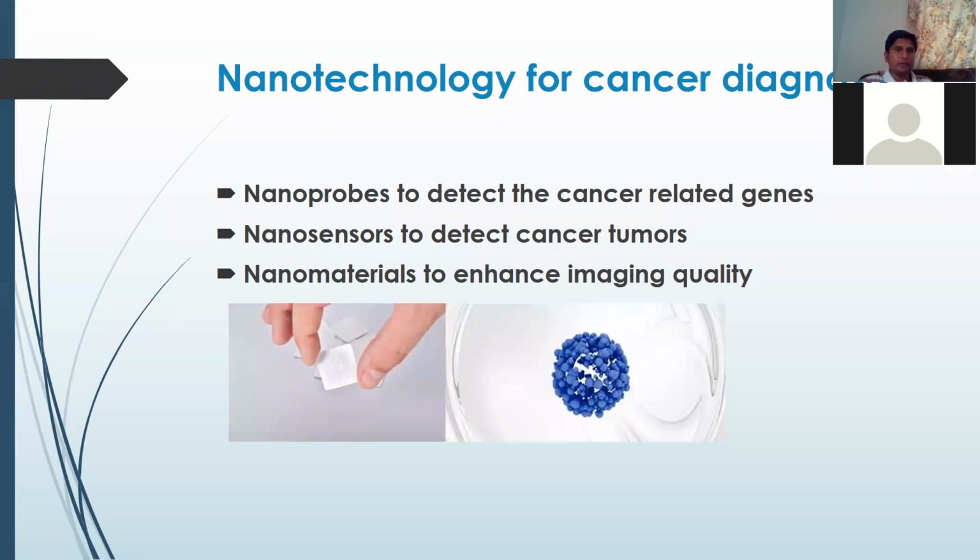In the case of cardiovascular disease, we discussed yesterday that nanoprobes could specifically bind to those genes that are associated with cardiovascular diseases. In a similar fashion, we can also use these nanoprobes in order to detect those genes that are related to the cancer. So cancer-related genes could be detected by using these nanoprobes that bind to them.